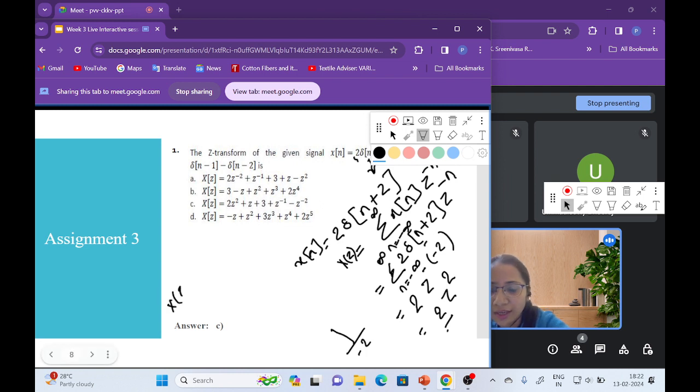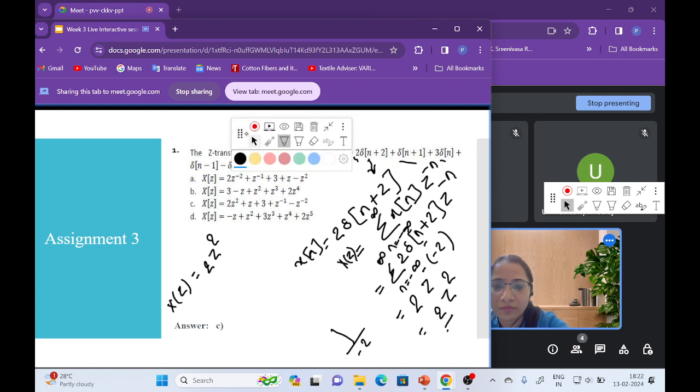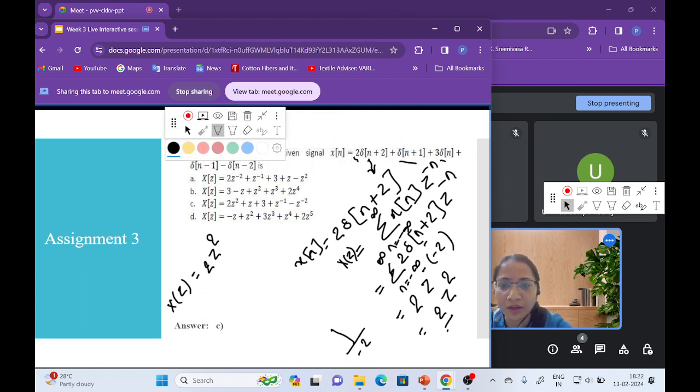The Z transform of the overall function is represented by 2z square, plus this is delta n plus 1. So what will be the value? There is no constant, so only z to the power 1, which can be written as only z. And the next one, 3 delta of n.